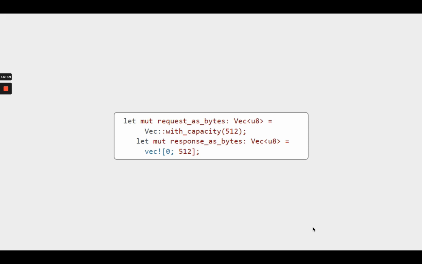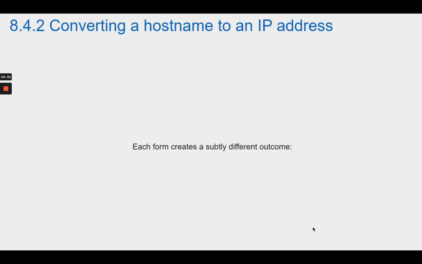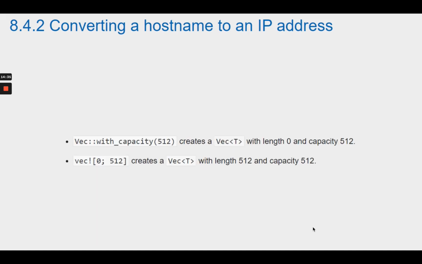Listing 8.9 includes some business logic that deserves explaining. Lines 30 through 33, repeated here, use two forms of initializing a Vec<u8>. Why? Each form creates a subtly different outcome.